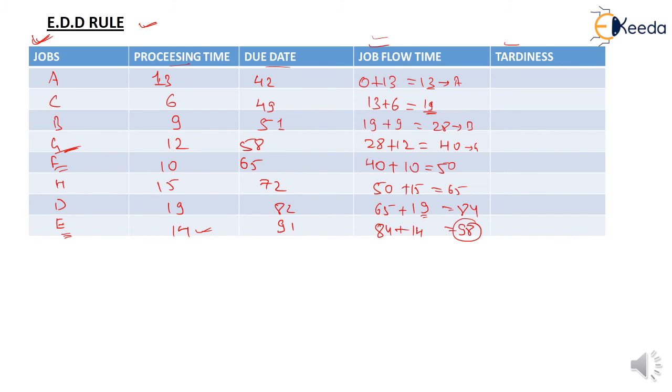Similarly the makespan time is 98, because the makespan time is the time gap between when the processing starts on the first job until the last job is completed. So after 98 minutes our last job is completed, so makespan time is 98.